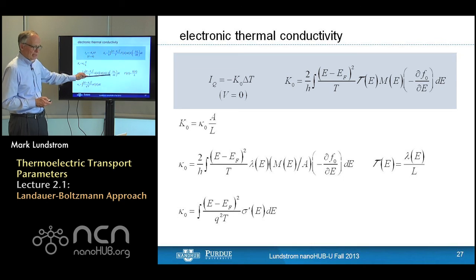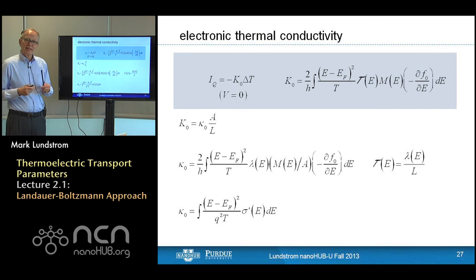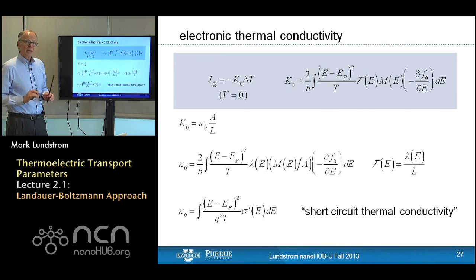We'll recognize many of these parameters. These are the same parameters that appeared in the differential conductivity for the electronic conductivity. So we can lump those together in this differential conductivity sigma prime that we've seen before, and we have our final expression. We now have the thermal conductivity that we would measure if we short circuit electrically this resistor.